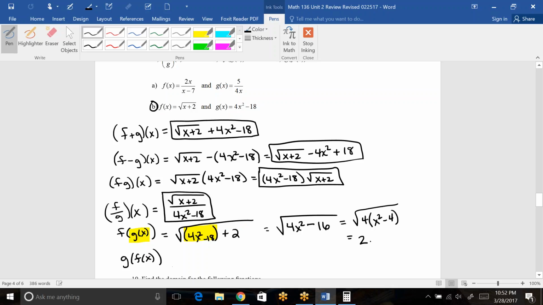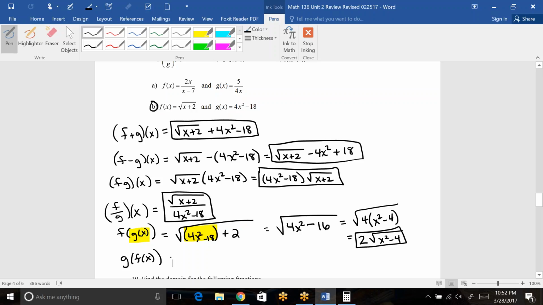So that square root of 4 would be a 2. This does not actually simplify because that is a square and that is a square, but they're separated by a minus. You cannot separate them out and take them outside unless there's a times symbol between them. So we normally just leave that part alone. So that's as simplified as I can get with that one.